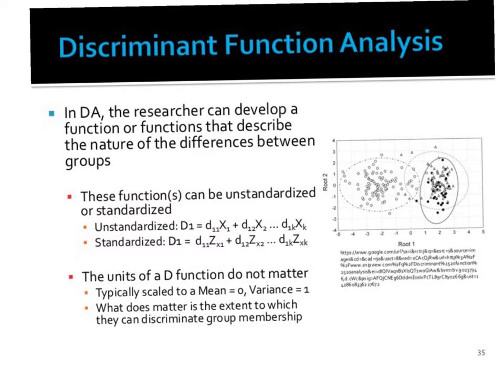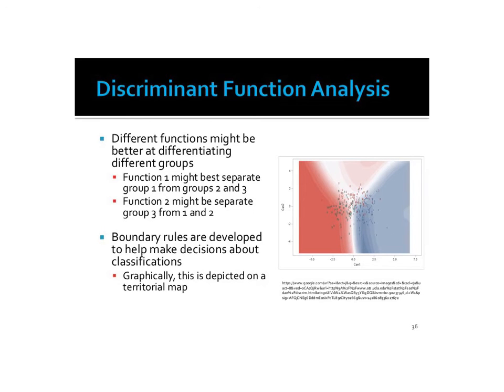The units of a D function don't matter. Typically, they are scaled to a mean of 0 and a variance of 1, but this really doesn't matter. What does matter is how well these functions can discriminate between groups. So we don't typically interpret these D units very intensely. Now, different functions might be better at differentiating groups than other functions.